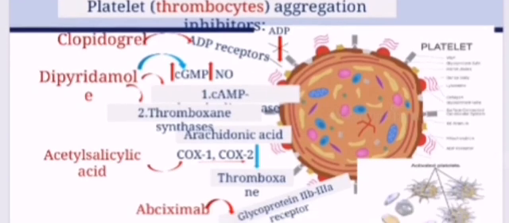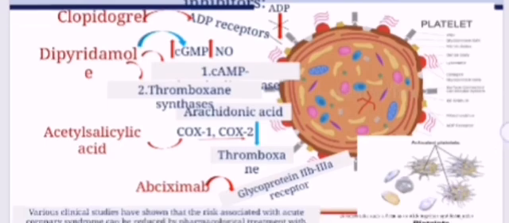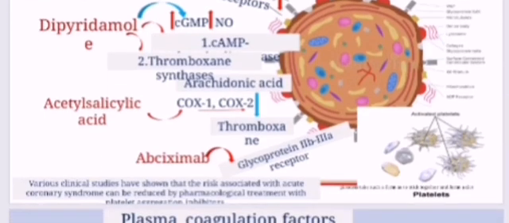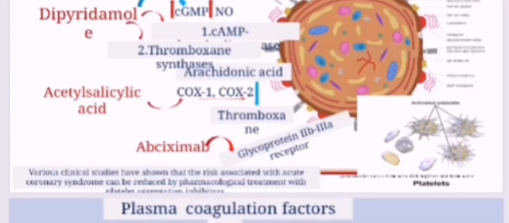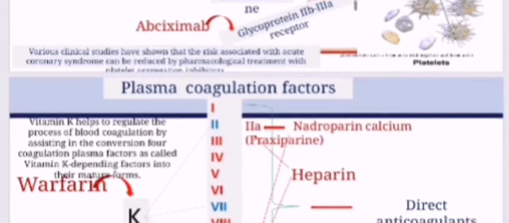Platelet thrombocyte aggregation. Clopidogrel acts on ADP receptors. Dipyridamole acts on cAMP. Thromboxane synthesis. Acetylsalicylic acid. Plasma coagulating factors.